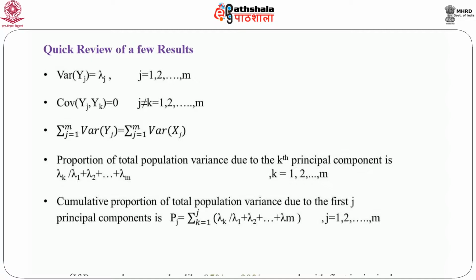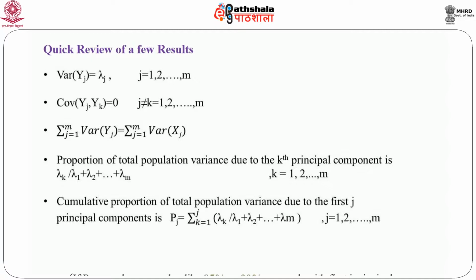For two principal components yj and yk, where j and k are not equal, the covariance between yj and yk is equal to 0. Then the sum of the variances of the principal components yj, j running from 1 to m, is the same as the sum of variances of the original variables x1, x2, ..., xm.